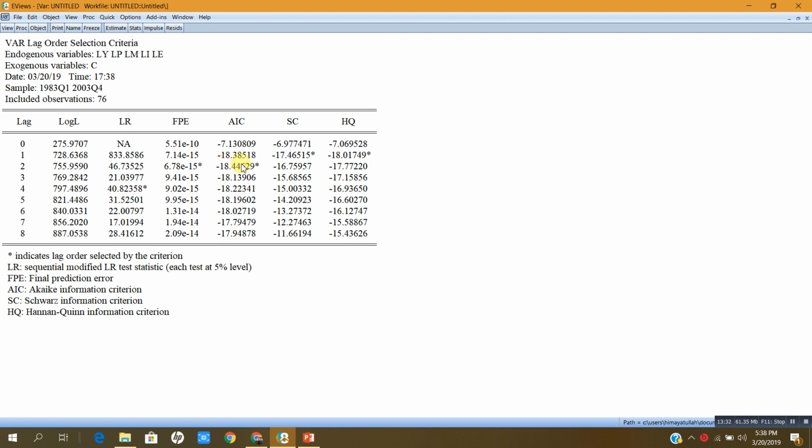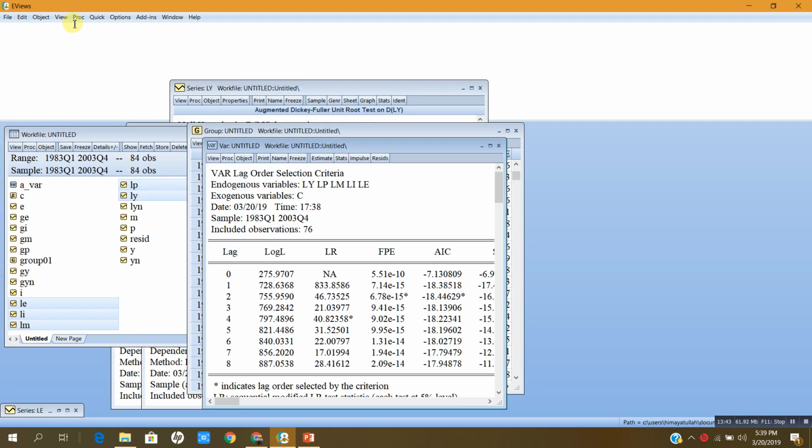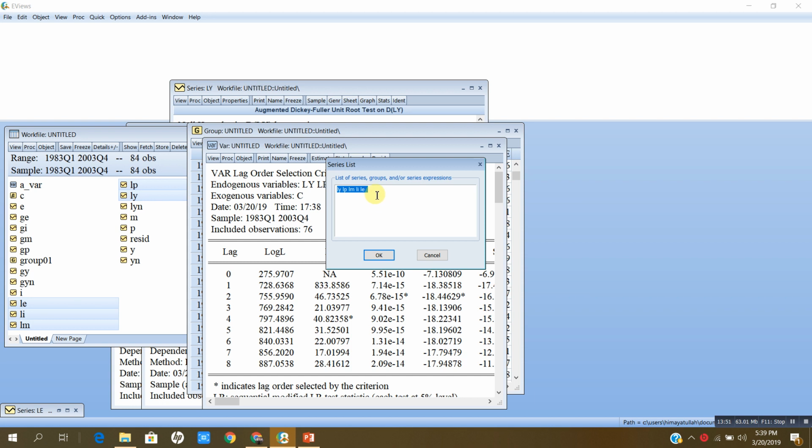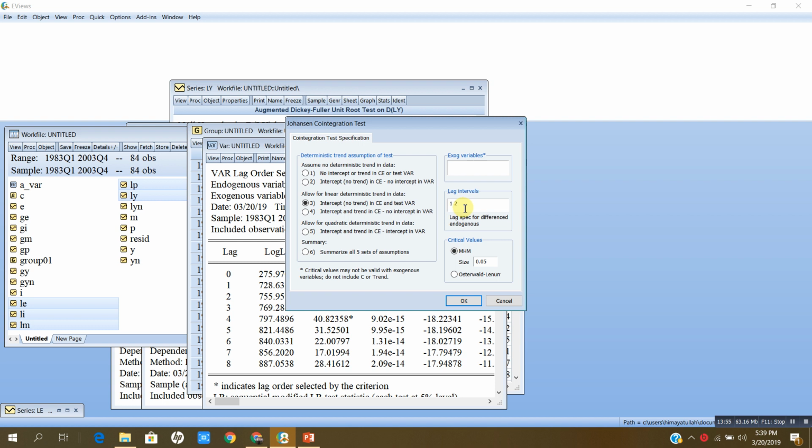Now I will go for cointegration. So quick, group statistics, and here is cointegration, and in cointegration my variables are there, and here I will write the lag length interval, so I will write 2, and I will just keep this number 3 checked, intercept and no trend in cointegration and test VAR.